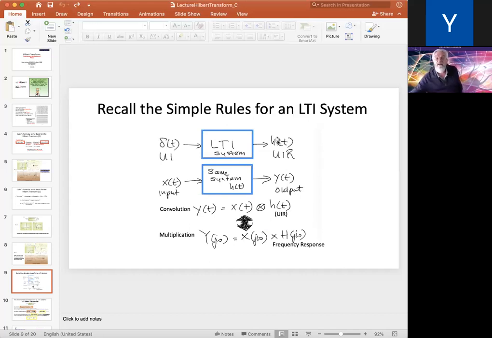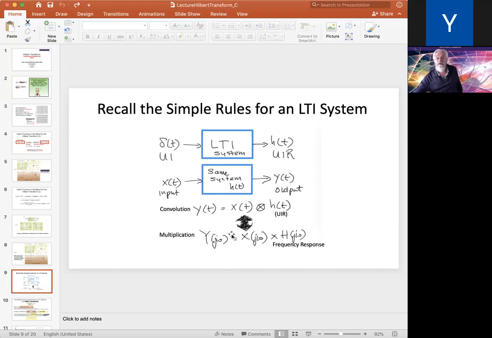That means that if I have some input, x(t), and some related output, y(t), of the same system, then I know y(t) as the convolution of x(t), which is my input, with h(t), my unit impulse response. Hence, you only need to know this to compute the output for a given input. And recall again that we then decided to look at that in the frequency domain.